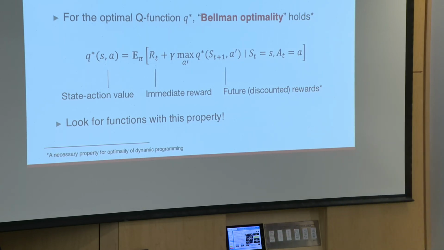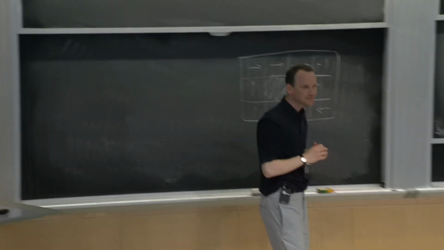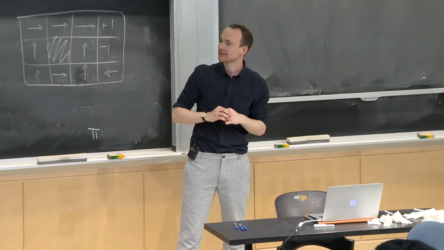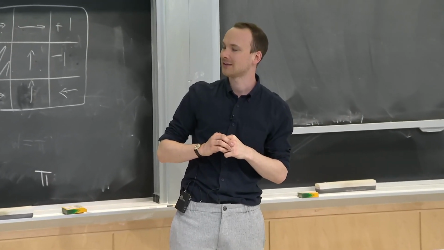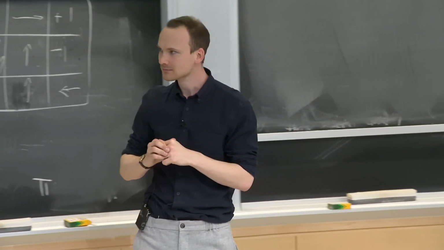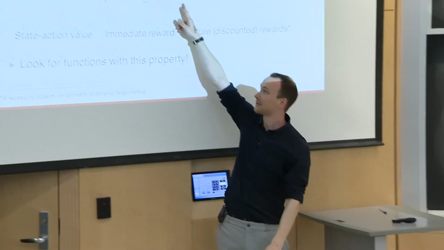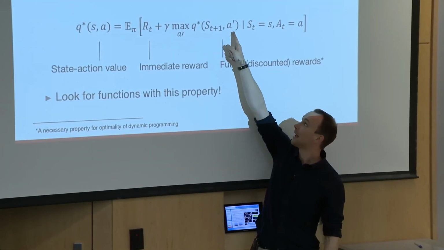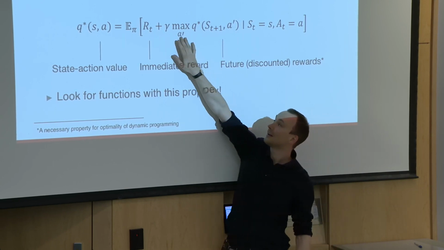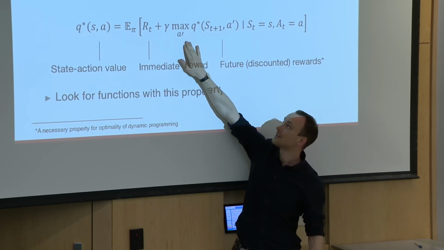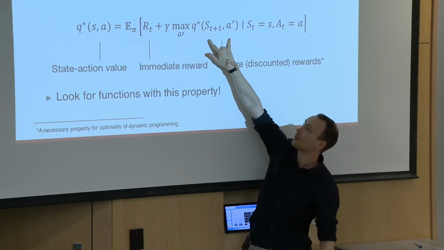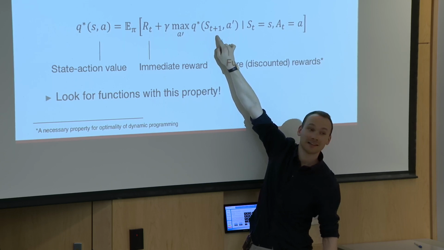Questions? If you haven't seen this before, it might be a little tough to digest. Is the notation clear? Essentially here you have the state that you arrive in at the next time. A prime is the argument to this. You're taking the best possible Q star value in the state that you arrive at after.